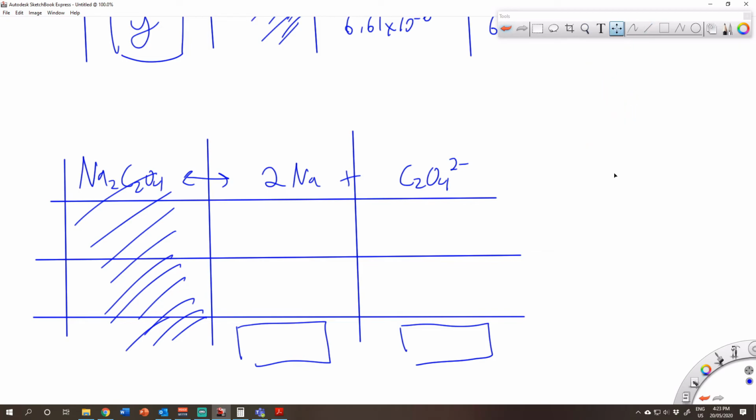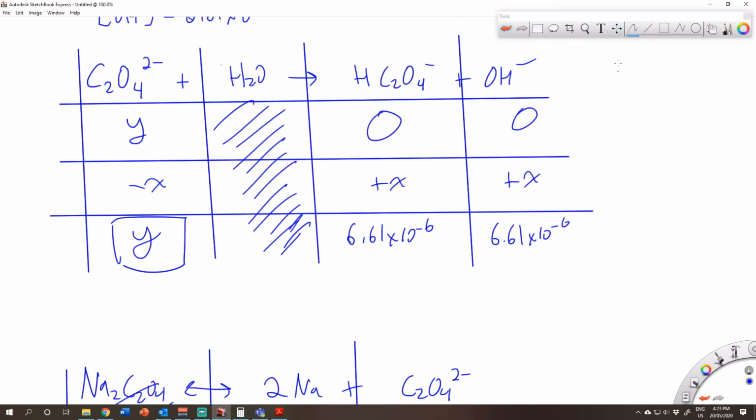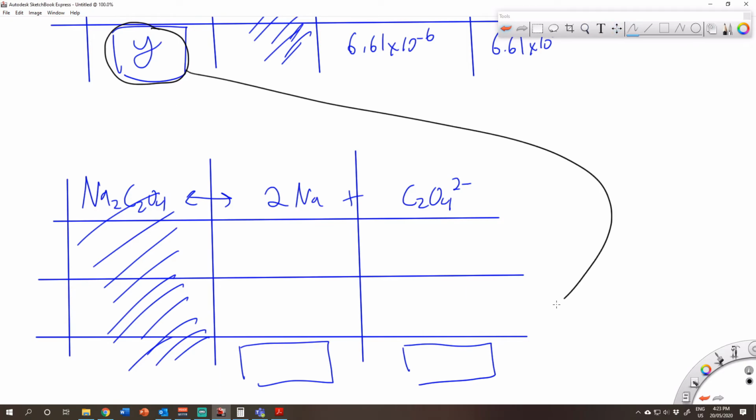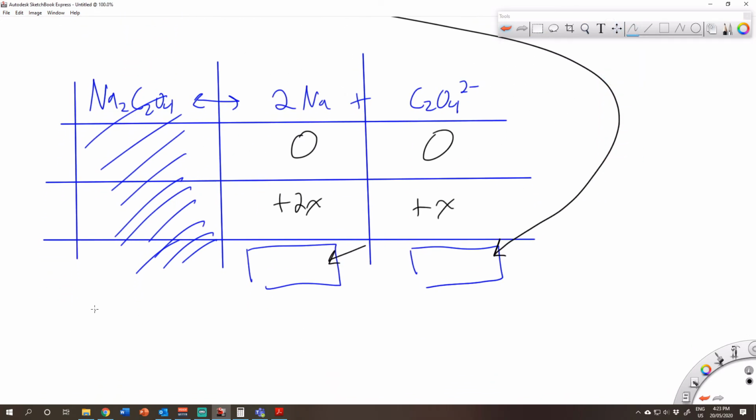So from our weak base equilibrium, we're going to calculate this value here, and that value we can then slide into here, which will give us this value, because if I fill in the table, this would have been 0, 0, plus 2x, plus x, right? And then from these two values, we can calculate the KSP because according to this equilibrium table, KSP is just going to be the concentration of sodium squared times the concentration of C2O4 2 minus, like that.